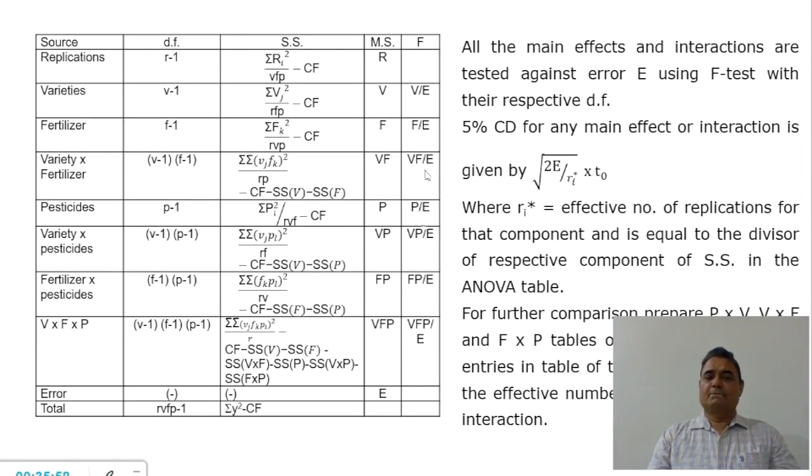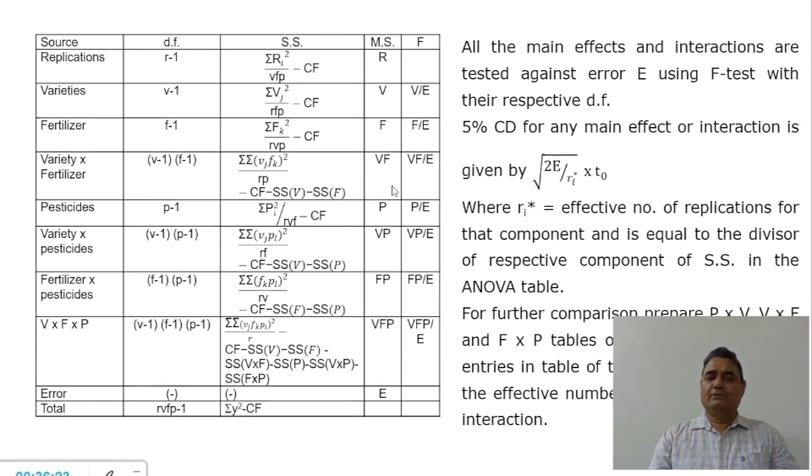Of course, we compute the sum of squares, then mean squares are obtained by dividing the respective sum of squares by the respective degrees of freedom, and F is computed with the help of the error mean square, EMS. Each mean square is divided by the error mean square to get F values.